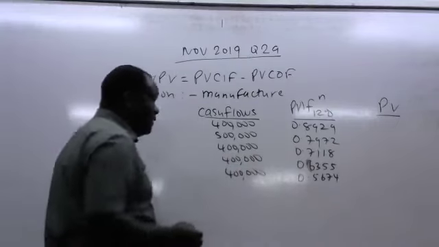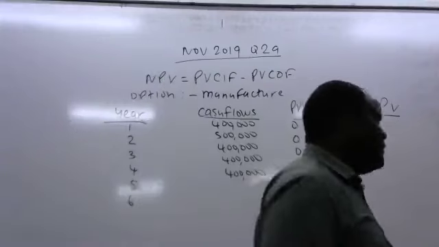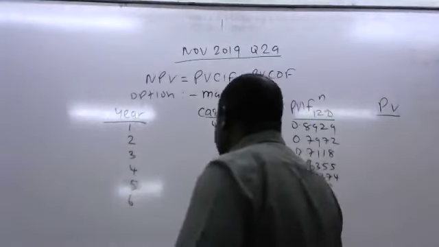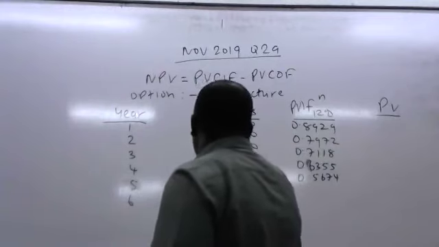Then there is year 6, so year 6 is also 400,000.